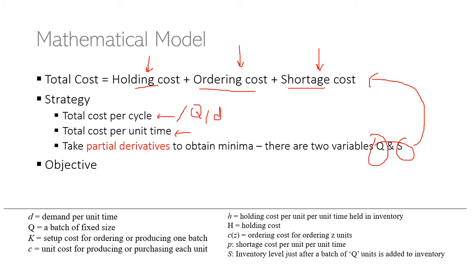I would like to remind you again that the objective of the mathematical model is to come up with an inventory policy which will finally guide the company to decide how much to order and how frequently the orders must be placed.